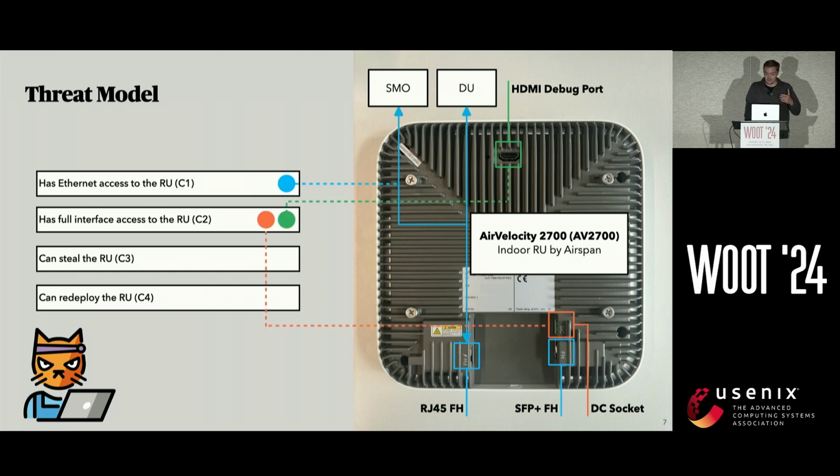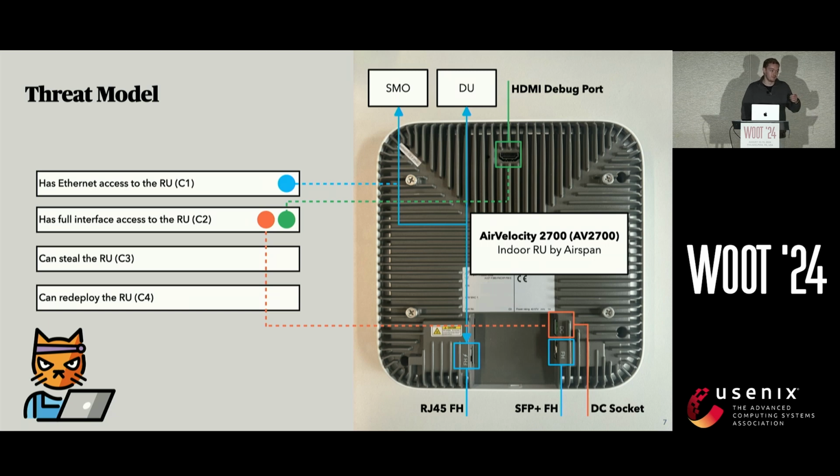If the adversary is on top also able to steal the RU, he can just take it home, do more thorough analysis, and potentially learn stuff and apply that to another radio unit deployed in the same building, for example. Or C4, assuming the adversary might also be able to redeploy the RU. That is even more powerful because they can then insert a modified RU within a running ORAN.